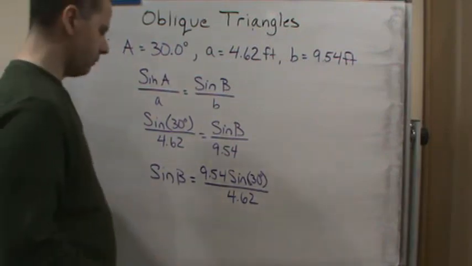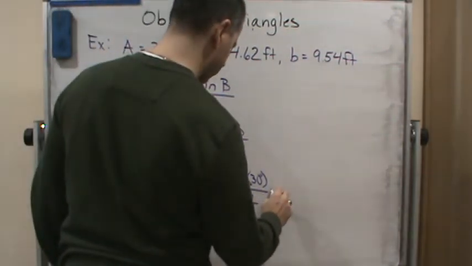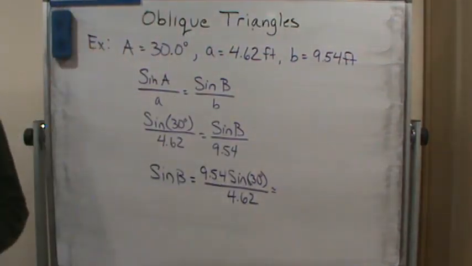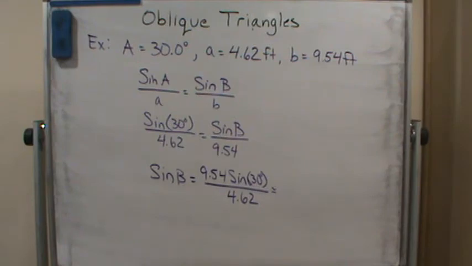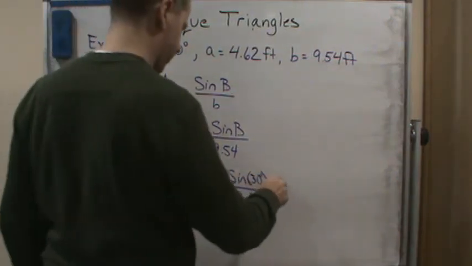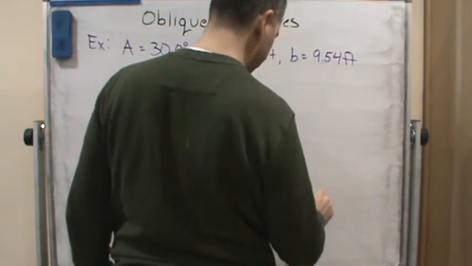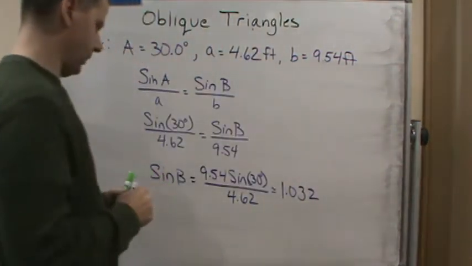Now, what do I get for the sine of B? Well, if you put this in your calculator, you get 1.032, approximately. Okay.